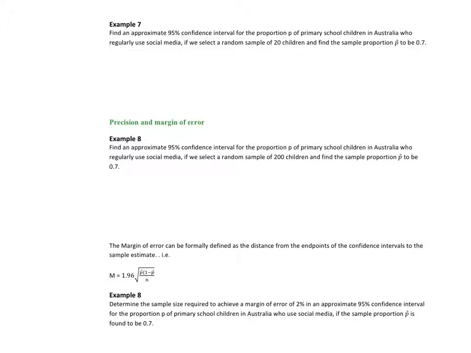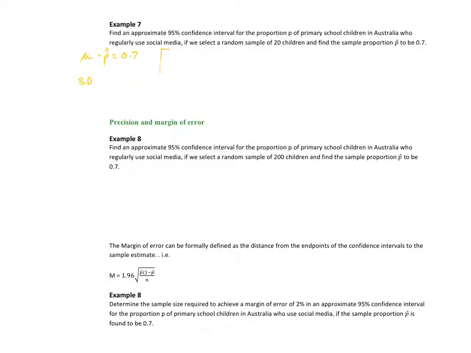So what do we need? We need a mean and a standard deviation, don't we? We know the mean is simply p hat, which is equal to 0.7. And for the standard deviation, we won't even worry about that, let's just go straight to our rule.